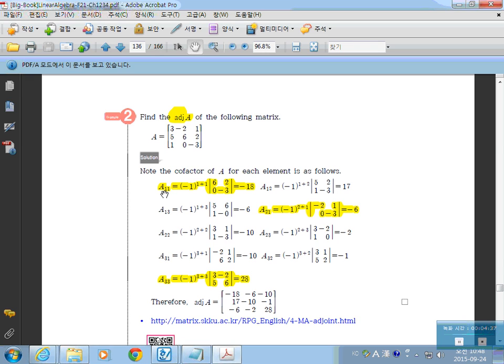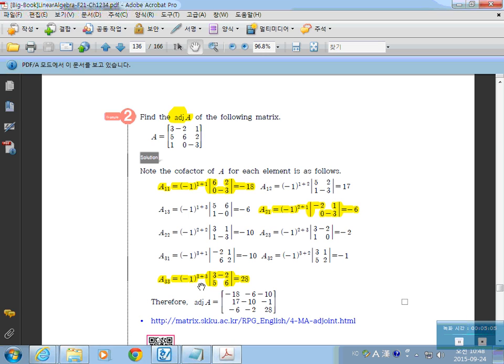Then we can find A11, which is the determinant of a 2 by 2 matrix, times the sign here. A12 is the determinant where we delete the first row and second column. Then we have 5, 2, 1, minus 3, and the determinant of that times minus 1 to the 1 plus 2, which is minus. So A13, A21, up to A33, so we can find 9 cofactors.